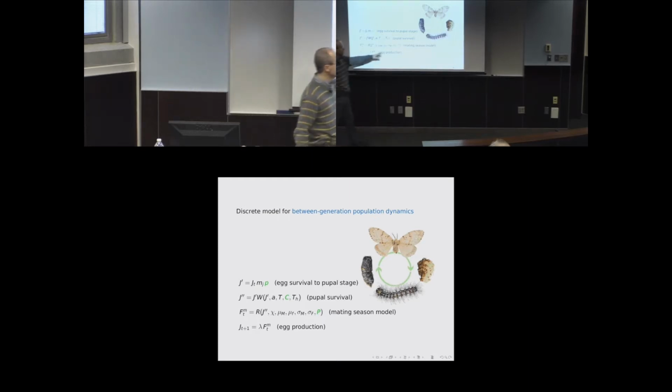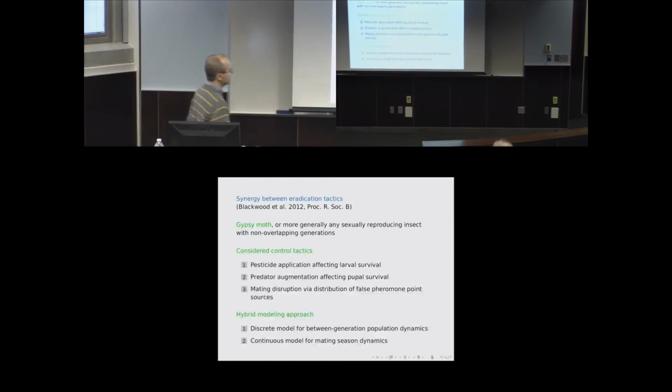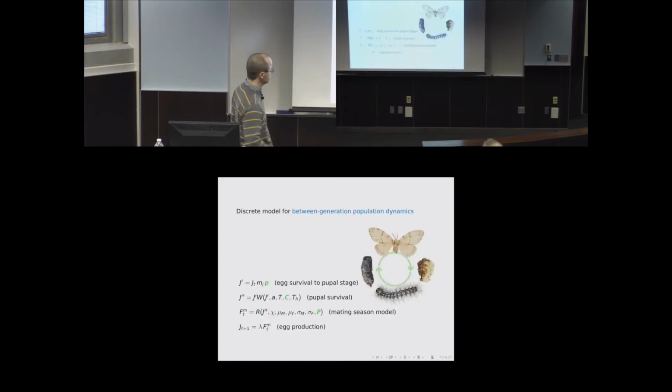Here, P quantifies the number or density of pheromones released into the environment, which causes mating disruption. And finally, we go to the next generation of larvae by multiplying the number of mated females by the size of the clutch of eggs per female.